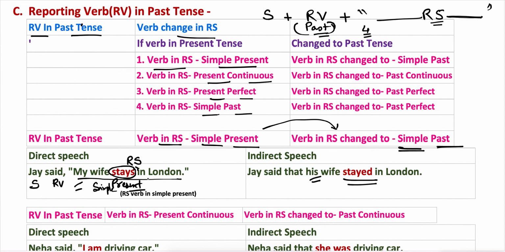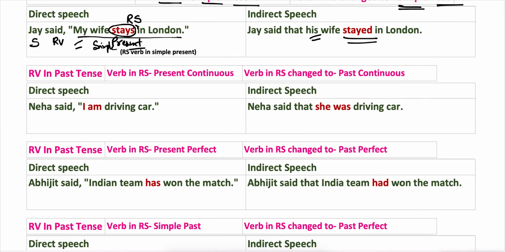So the simple present is changed to simple past when the reporting verb is in the past tense. Second condition, when the verb of the reported speech is present continuous, then present continuous will change to past continuous. Neha said, I am driving car.